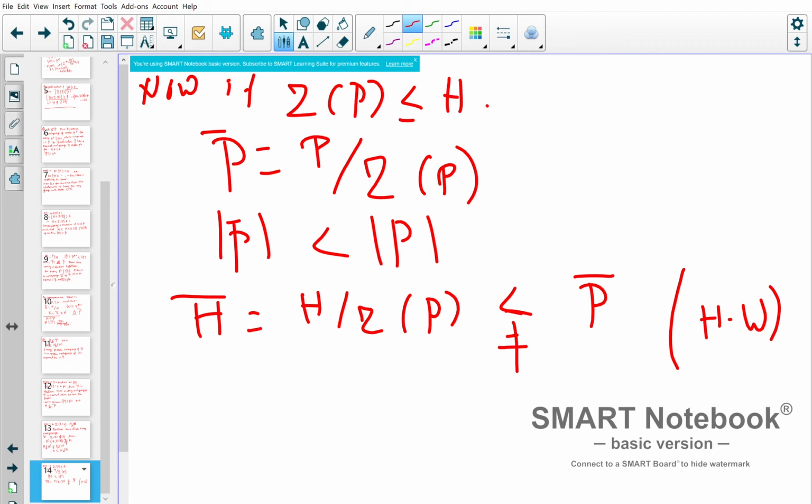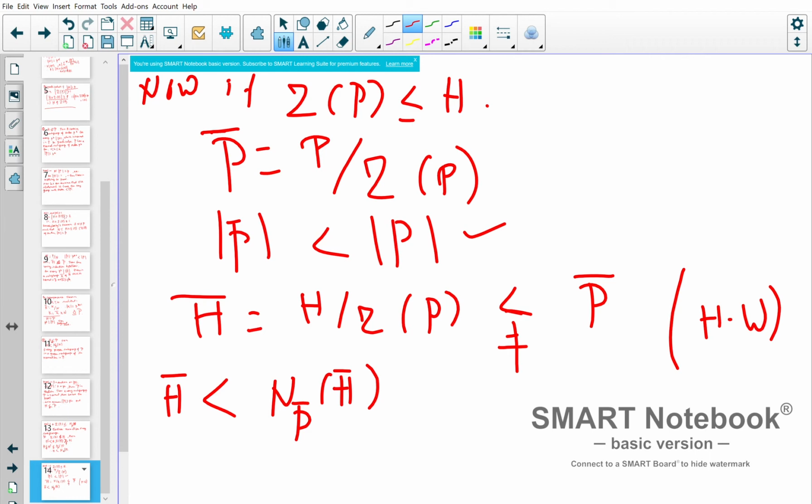So the induction hypothesis tells you that because the order of P bar is less than the order of P, H bar is properly contained in the normalizer of H bar inside P bar, right? Because now I am inside the group P bar. Clear? This is, I think, obvious.